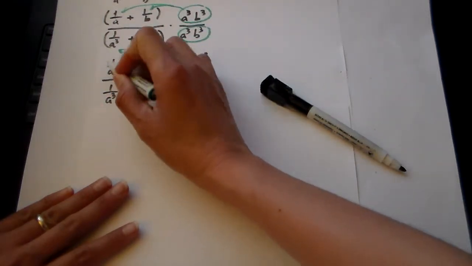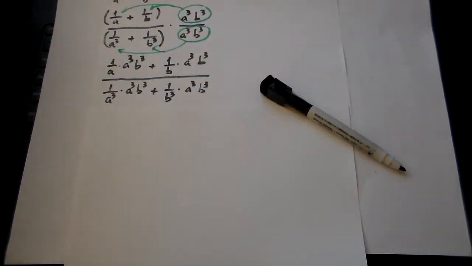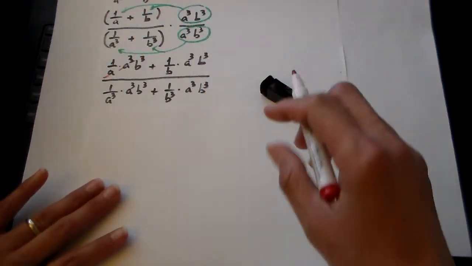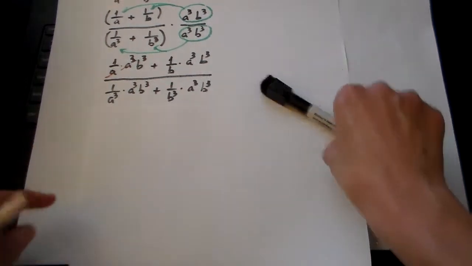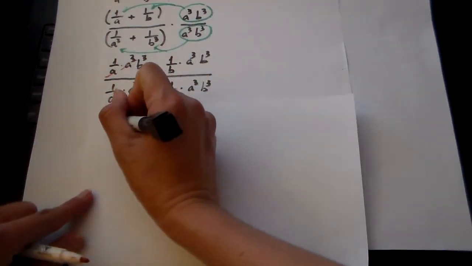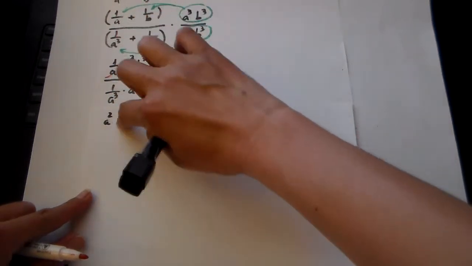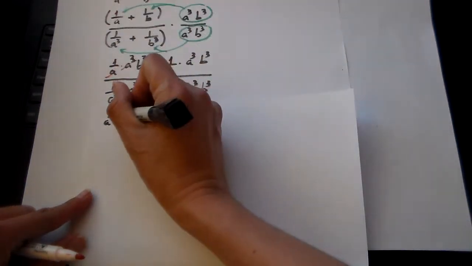So a on top and a at the bottom: a to the third divided by a is a squared, times b to the third.